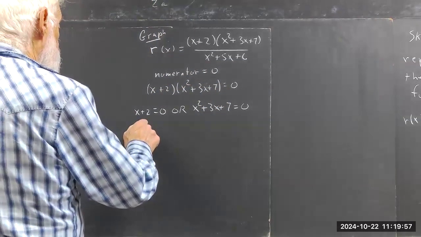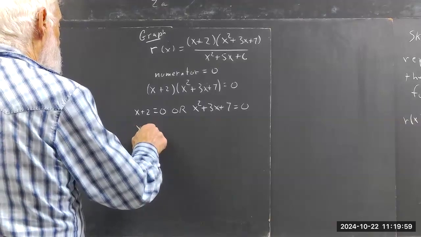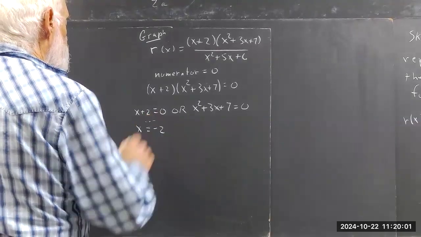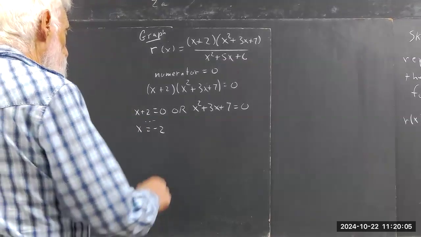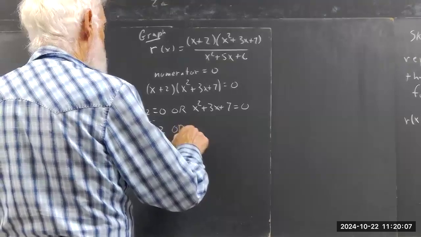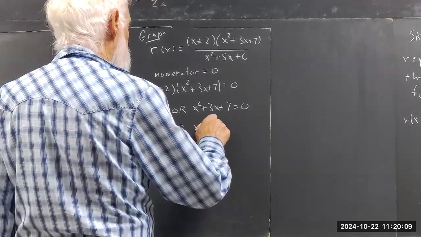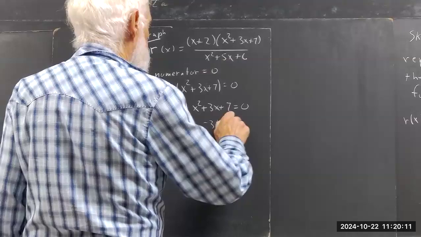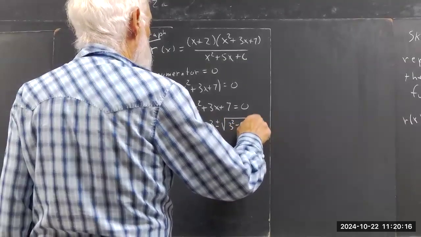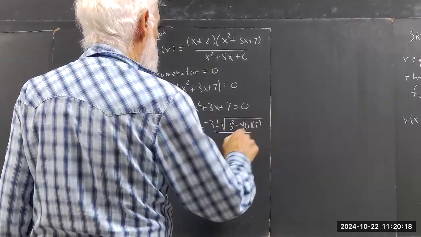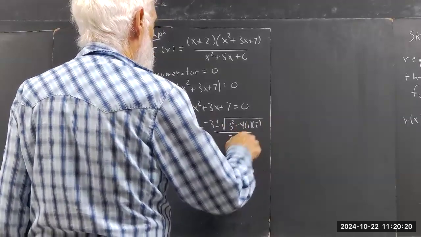Well, this has solution x plus 2 equals 0, and you subtract 2 from both sides, you get x equals -2. Or x equals -3 plus or minus the square root of 3 squared minus 4 times 1 times 7, divided by 2 times 1.